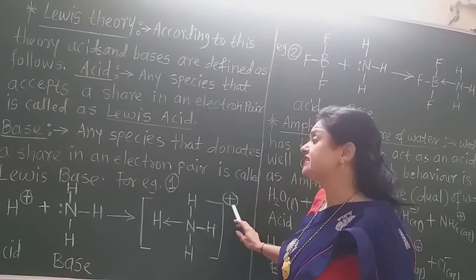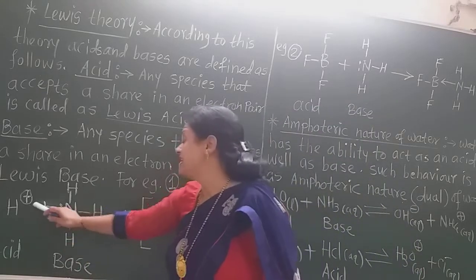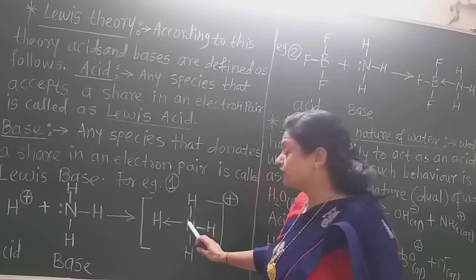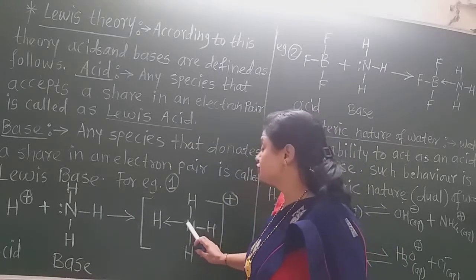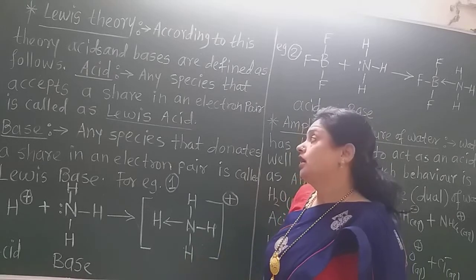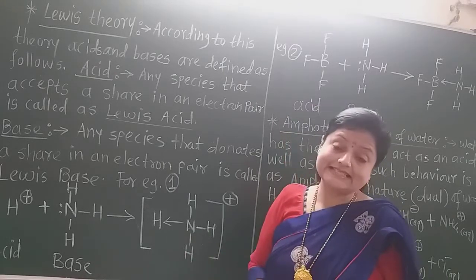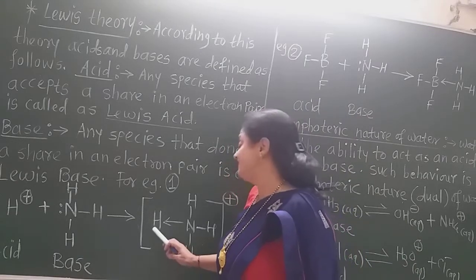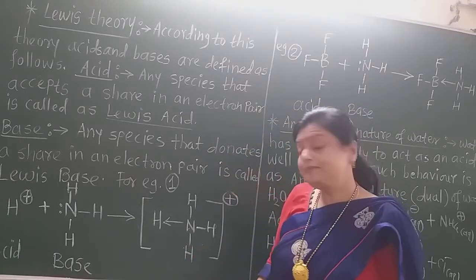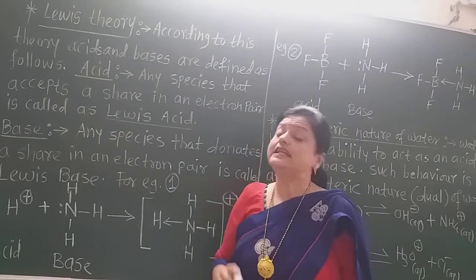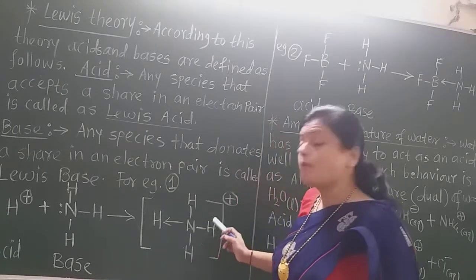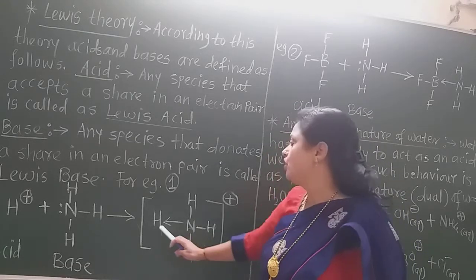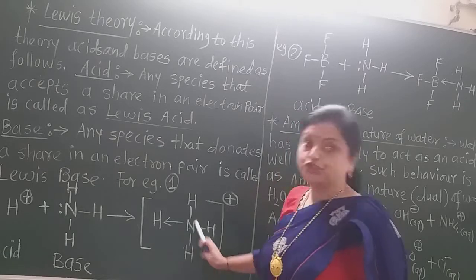This positive sign is due to the H plus ion, and this electron pair is used for the formation of the coordinate bond. So in a Lewis acid base reaction, a coordinate bond forms between the Lewis acid and Lewis base, and this bond is denoted by an arrow pointing from base to acid.